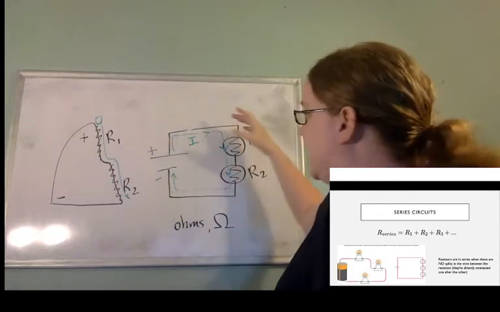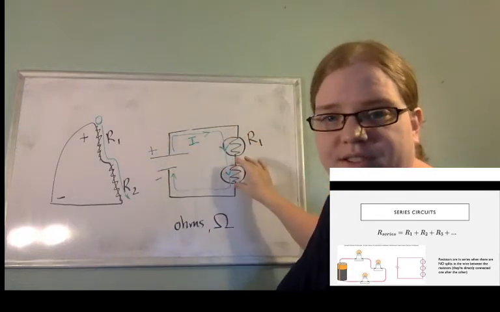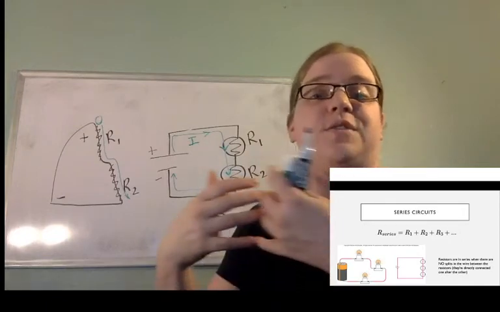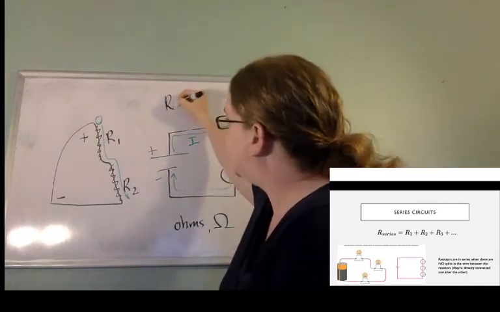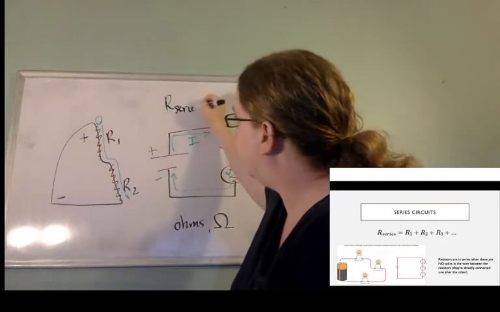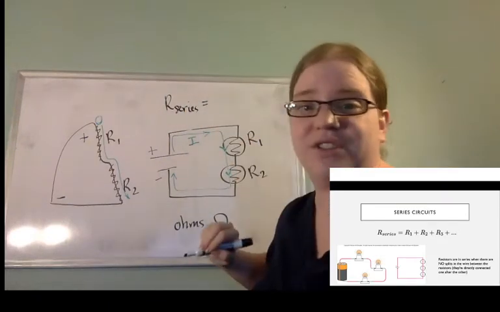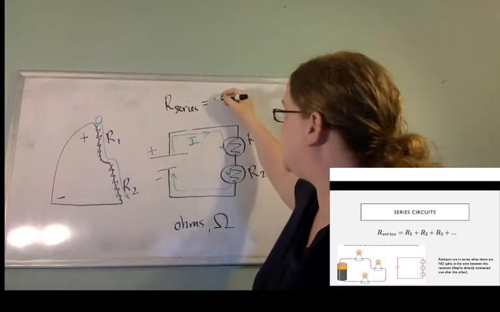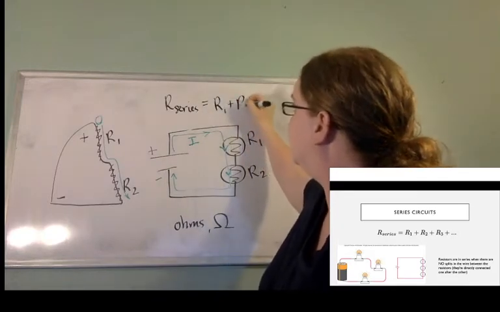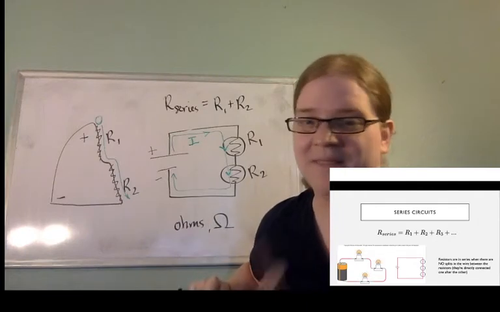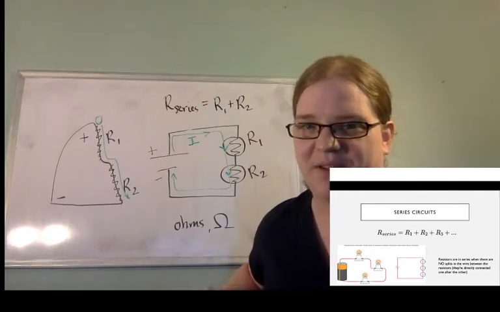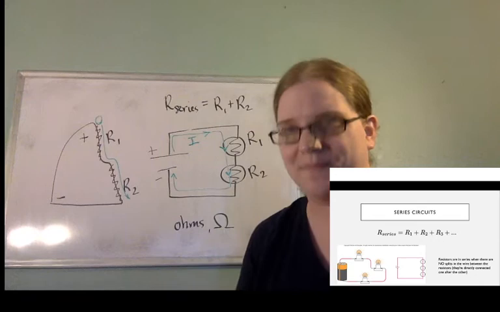So it's not like it sees only R1 or sees only R2, it feels the effect of both of those. And so when we want to find the effective resistance for the whole thing, for series it's pretty straightforward. We just add these resistors together. So that's not too bad. It'll be a little more complex when we do the parallel circuits, but for series it's okay.